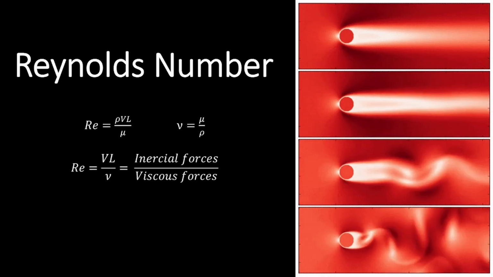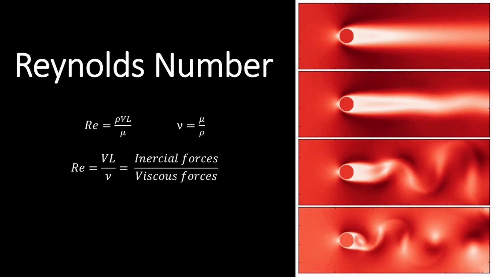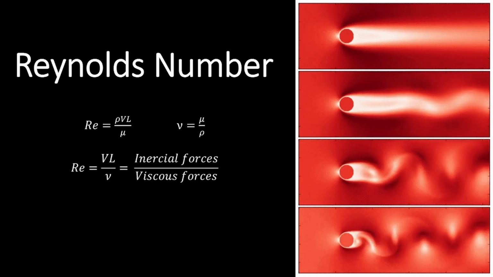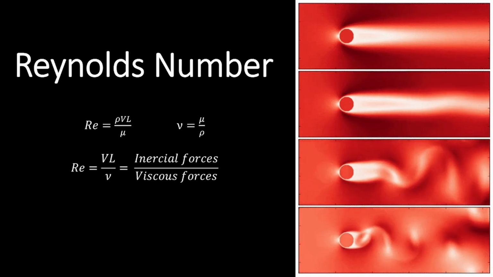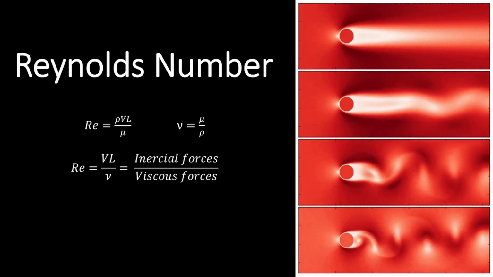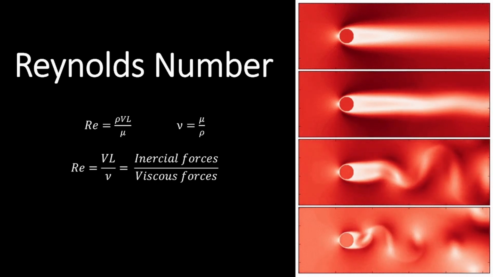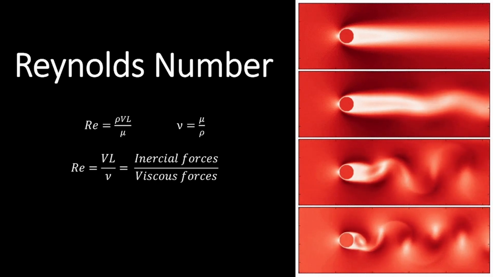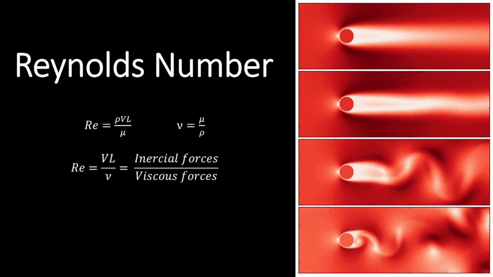So it can be calculated using this formula where Reynolds number equals rho VL divided by the Greek letter mu, and mu divided by rho equals the Greek letter nu.